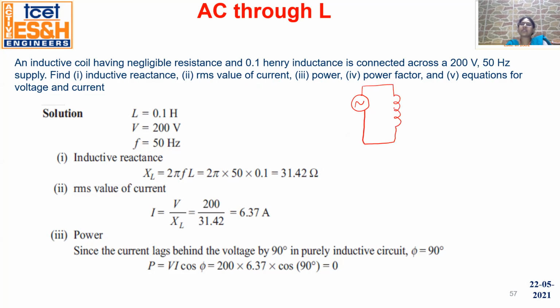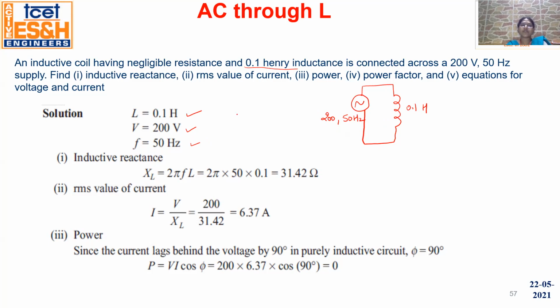Negligible resistance means the question is talking about only inductance. So L is 0.1 Henry, V is 200 volt, and F is 50 Hertz.